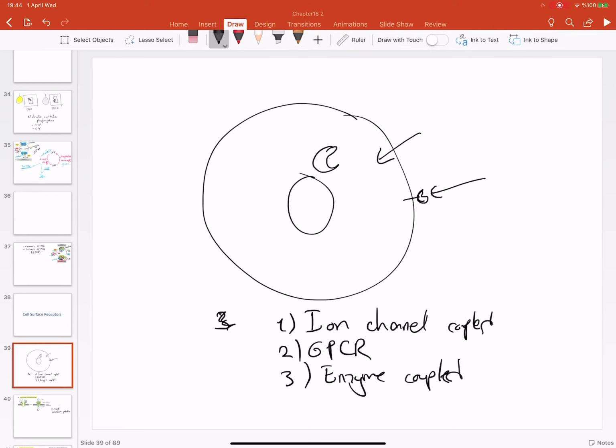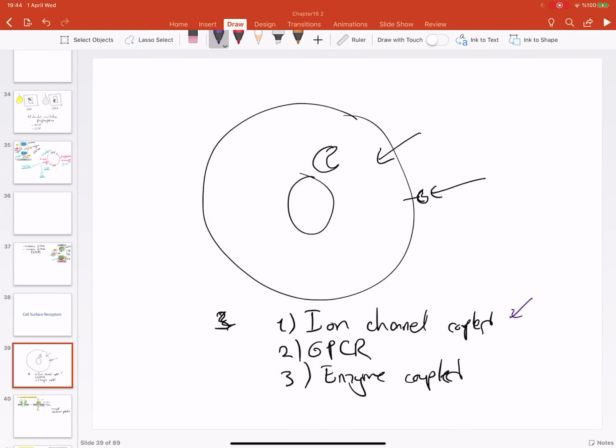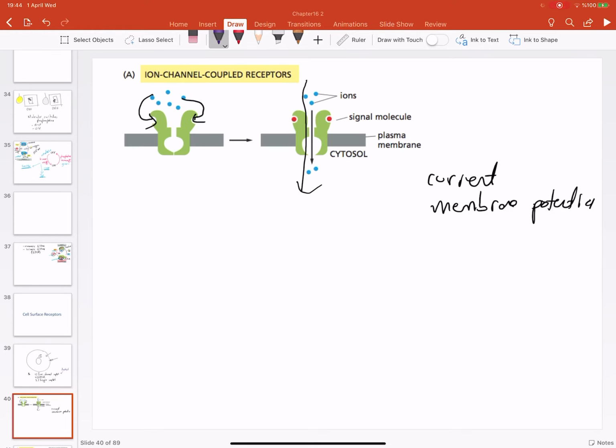Now, there are three classes of them: ion channel, GPCR, the enzyme coupled. Out of these three, the ion channel coupled receptors are the fastest ones, because ions are very small, so they move fast. Once the channel is open, they modify the membrane potential extremely fast, and this modified membrane potential is a very quick response.